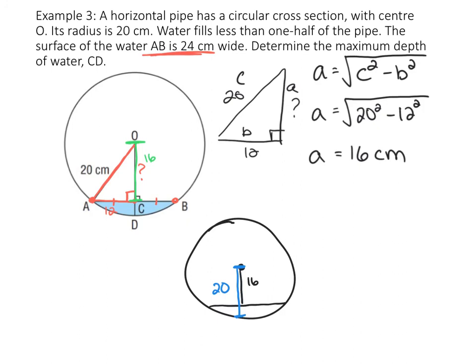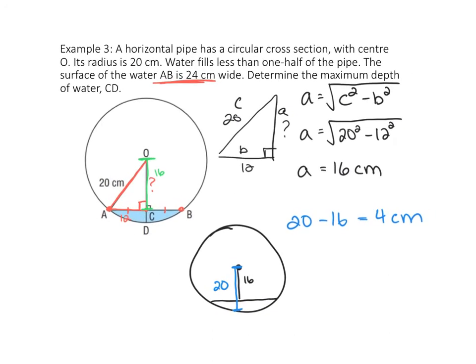If I can find the difference between those, I can find this depth here. So basically, if the center to the surface of the water is 16 and the center to the bottom of the water is 20, how deep is the water? Well, one last step, 20 centimeters minus 16 centimeters gives me a depth of 4 centimeters. So my final answer would be 4 centimeters.